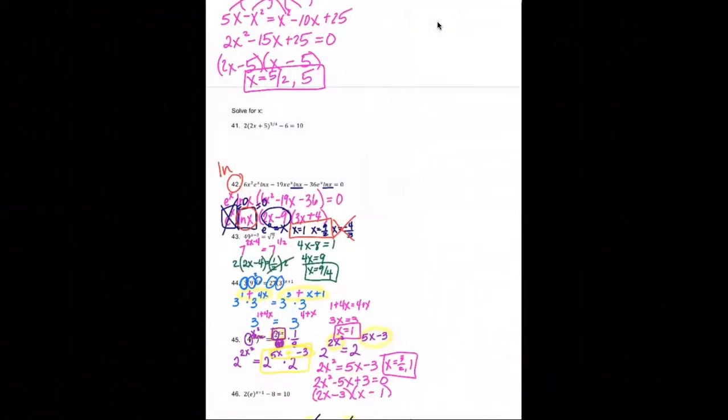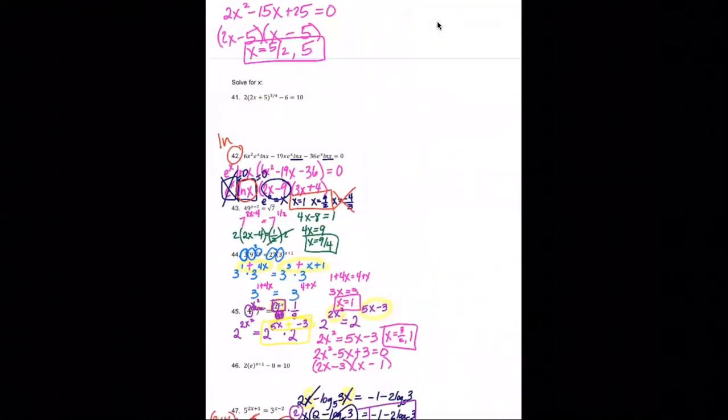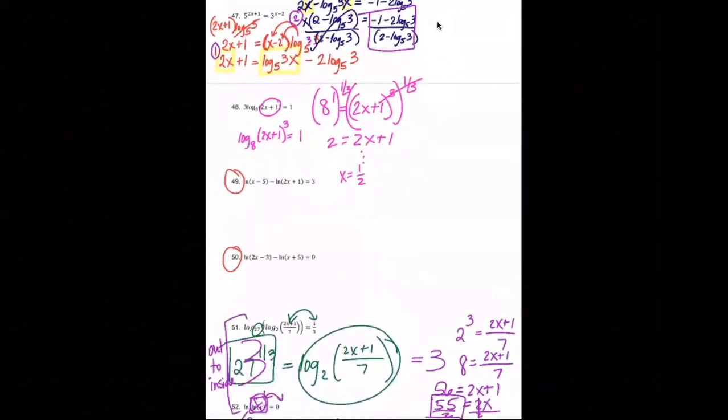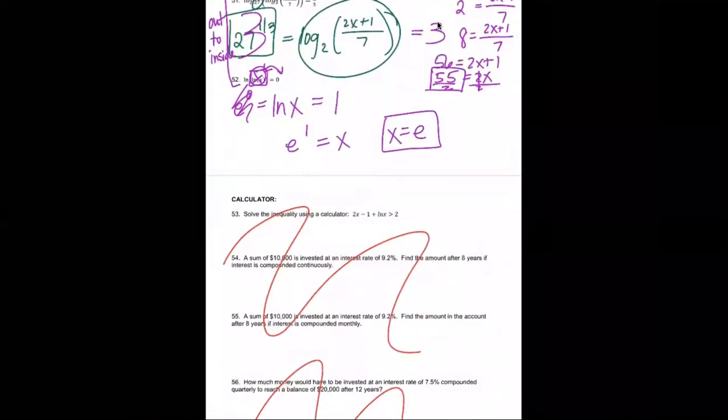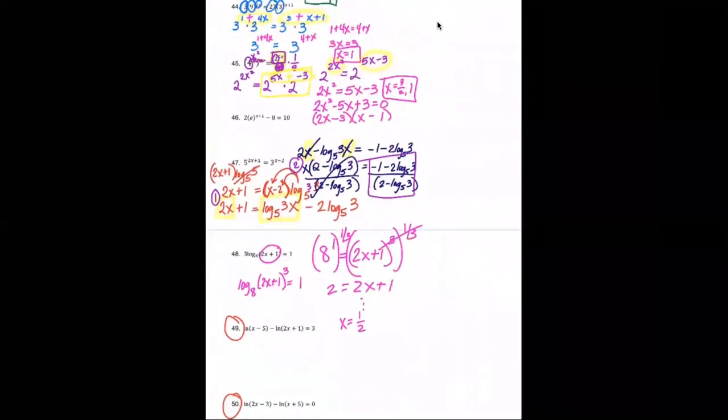One that's similar to 42. I would say if you can do 39 through 52 confidently, then you should be able to do everything that's the solving component of the test. Okay, sounds good. Thank you.